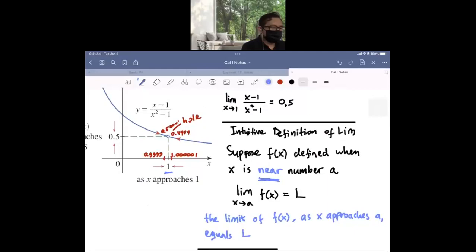Not necessarily a itself, but a can also be included. Well, it depends on the function, right? But in this case, if when we put in a it becomes undefined, as long as we can measure the numbers near a, then we can compute the limit. Okay.